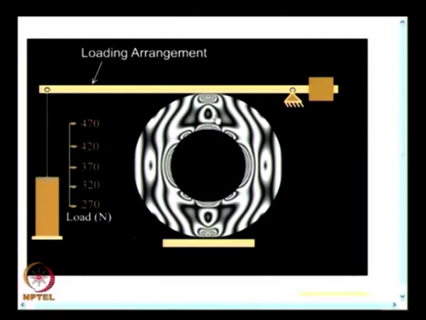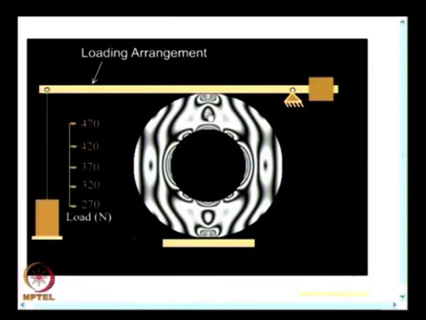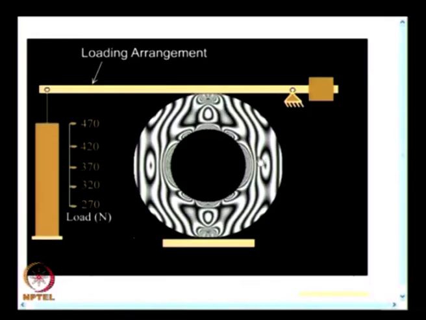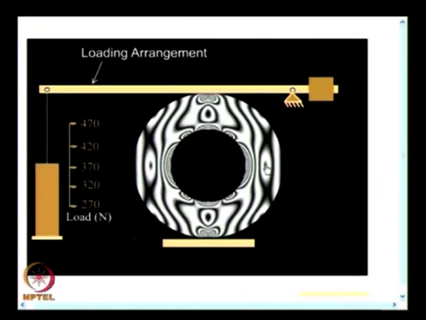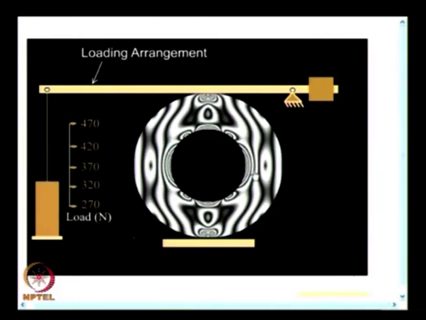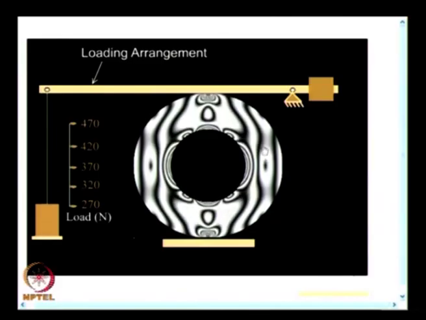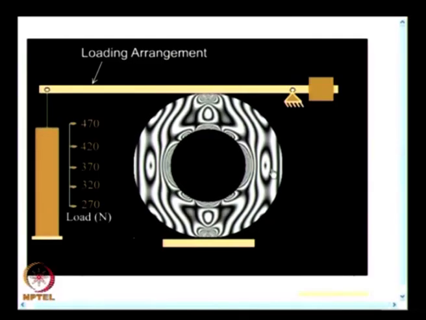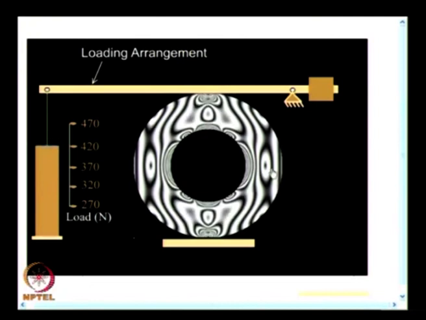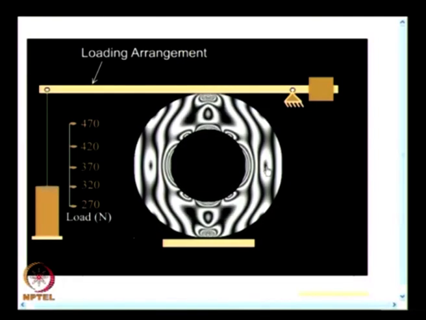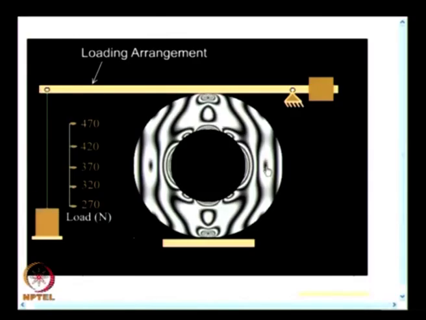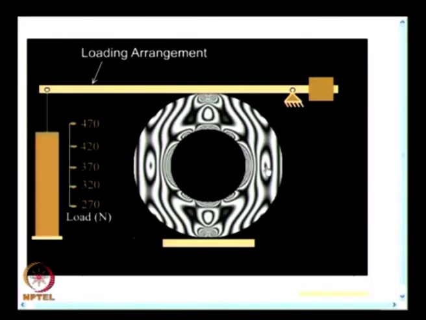I also cautioned that you have a fringe that vanishes here, and you have another situation where this fringe does not vanish, it remains in its place, and as the load is increased, the density in its neighborhood increases. I had also mentioned that such a fringe is essentially a zeroth fringe order; it does not move as a function of the load application. And we would find out this identification of the zeroth fringe order by other methods also.